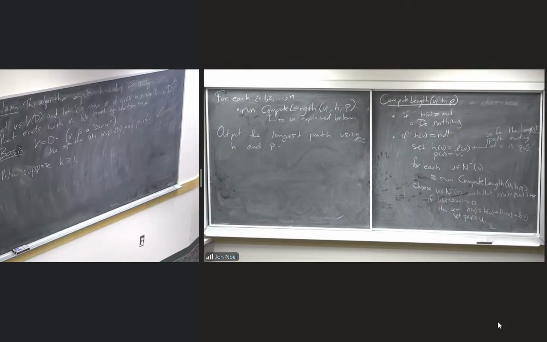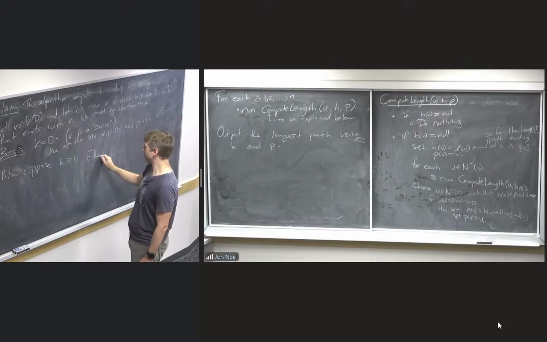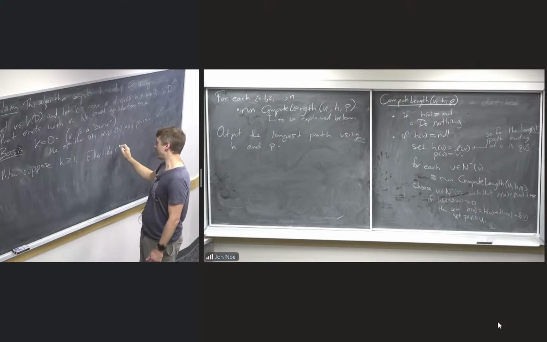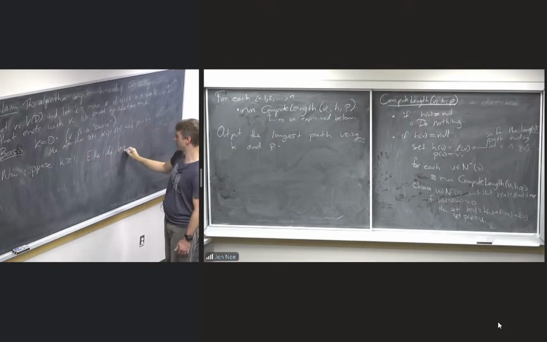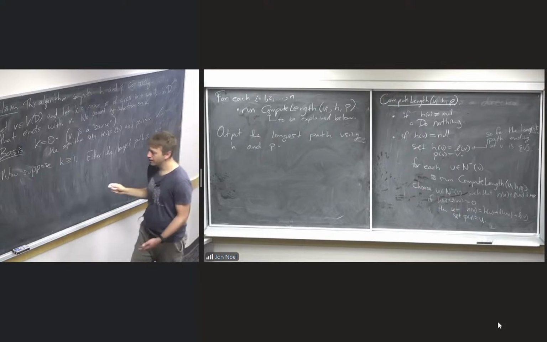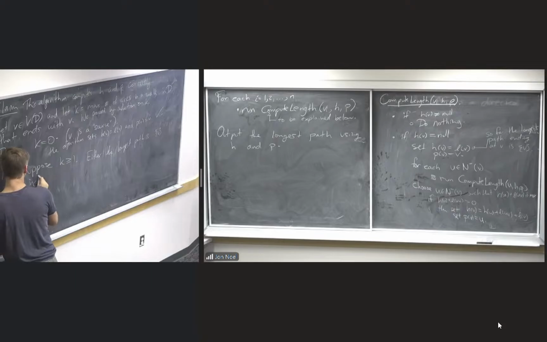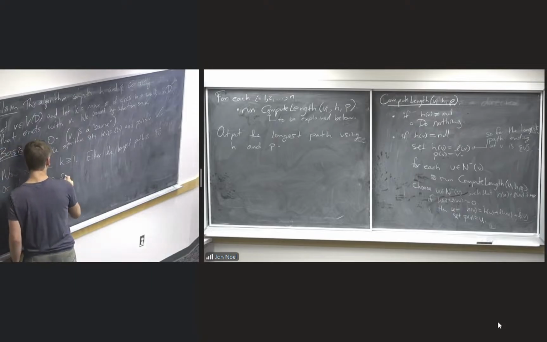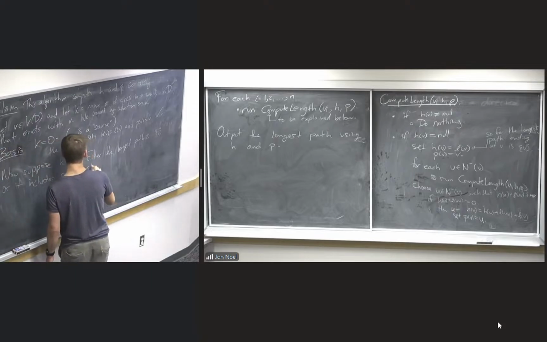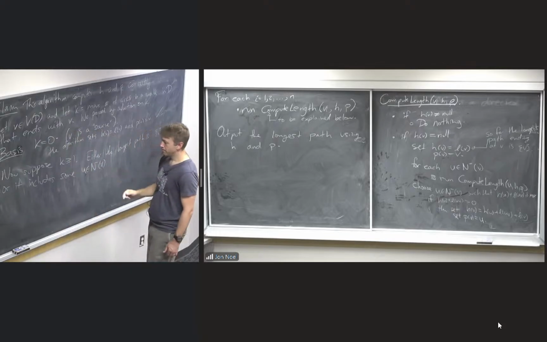Maybe I won't go through analyzing all of this, but basically either the longest path is just the vertex v, or it includes some in-neighbor of v, by induction.